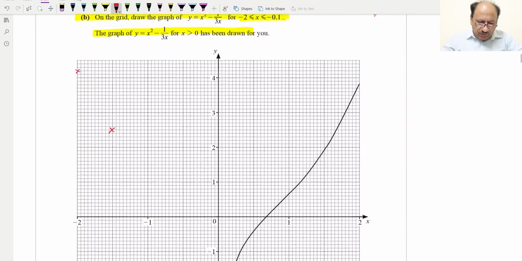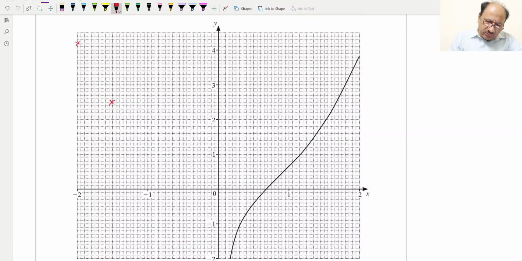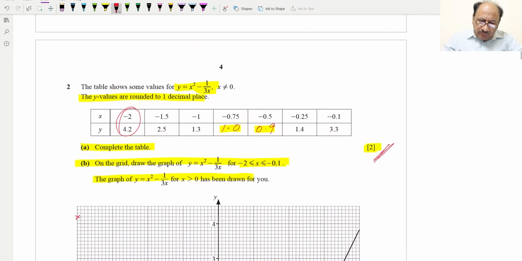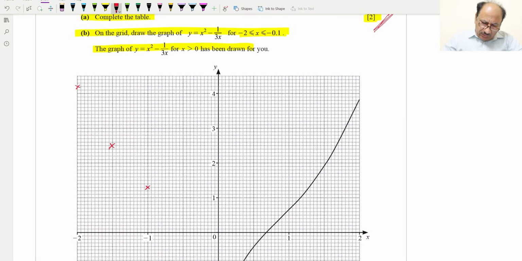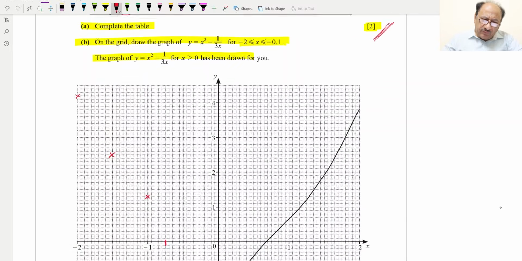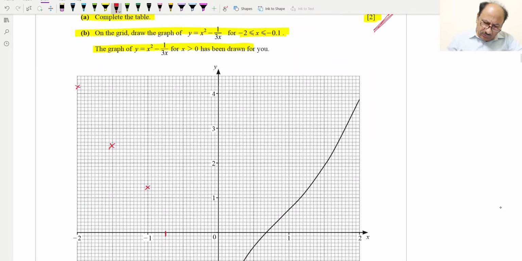Then -1 and 1.3. -1 and 1.3 is this mark, and then minus 0.75 and 1. Minus 0.75 will be this one, minus 0.75 and 1.